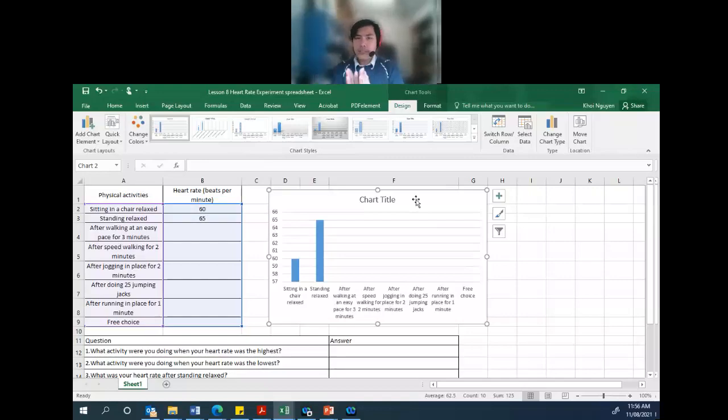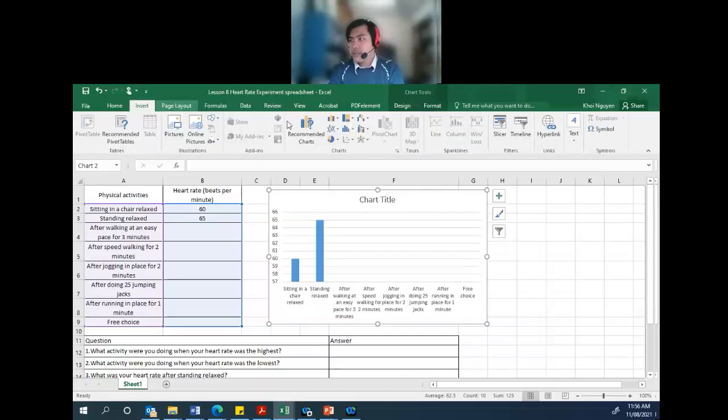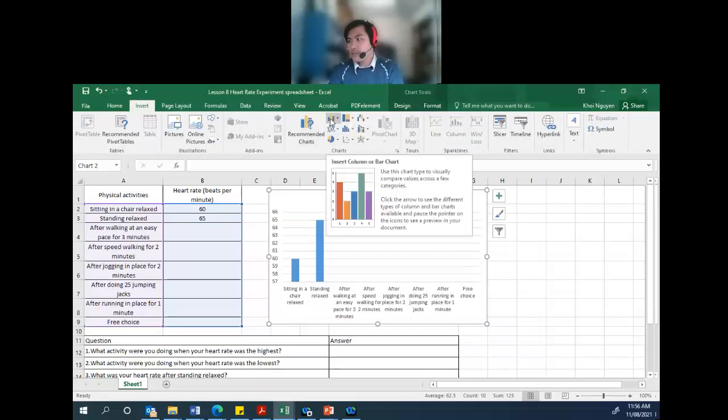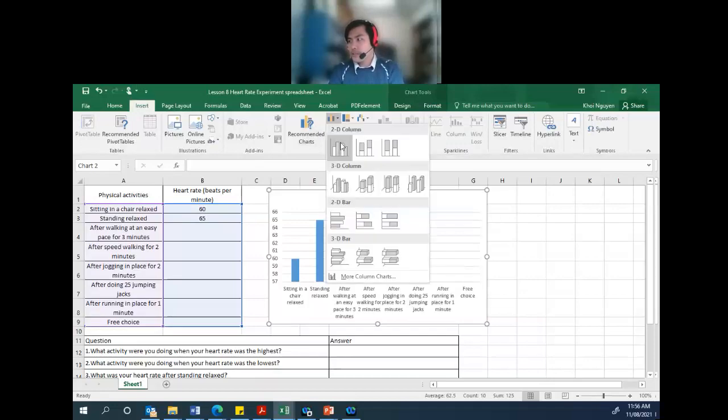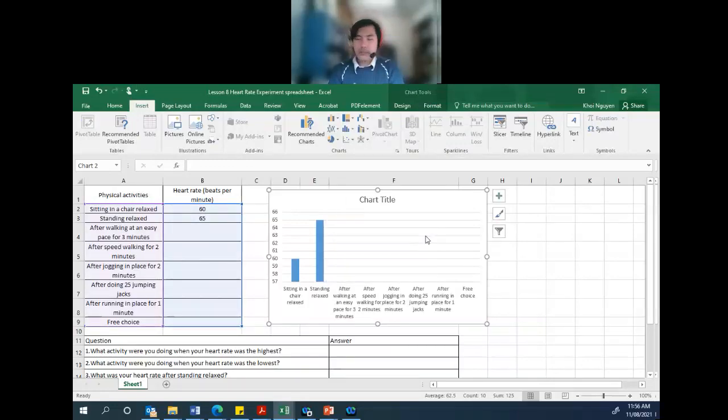So the only thing that you need to do is the activity. Put your results into the table here, then highlight the boxes in the table, choose insert, column graph, just choose the first one, and it will create a graph for you, and then you can submit this.